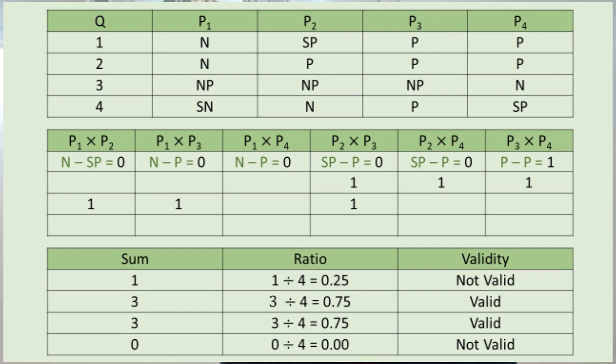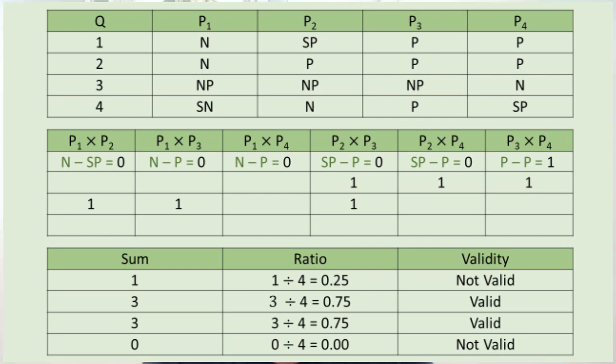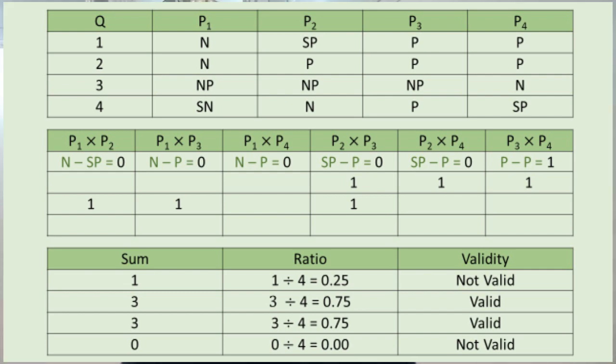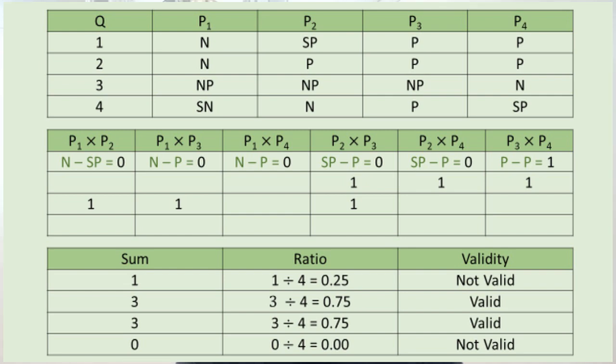And then you're going to compute the ratio, wherein the denominator is the number of persons involved in your table. Since there are 4 persons, that would be divided by 4. 1 divided by 4 is 0.25. 3 divided by 4 is 0.75. And 0 divided by 4 equals 0.